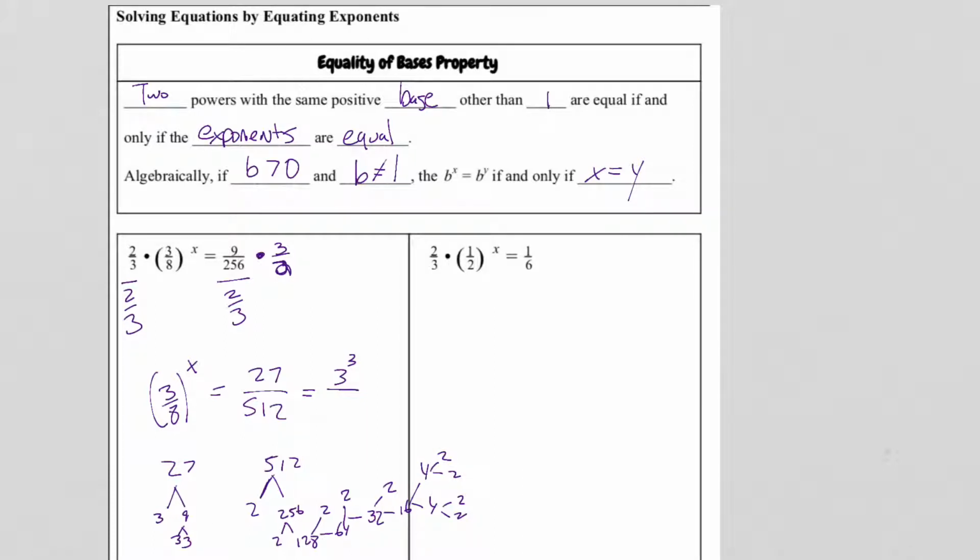So you've got 1, 2, 3, 4, 5, 6, 7, 8, 9 2s. 2 to the 9th.